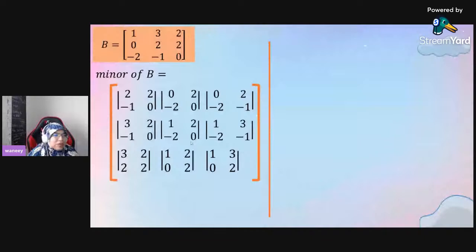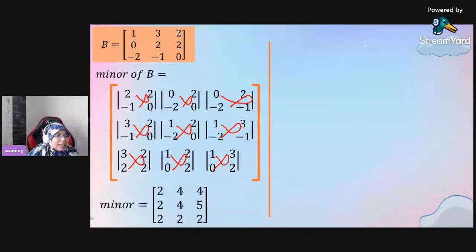And then for each of them, you have to calculate AD minus BC. So for each of them, calculate AD minus BC, and you are going to get 2, 4, 4, 2, 4, 5, 2, 2, 2 for the minors.